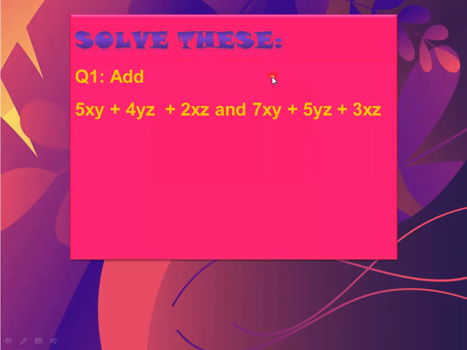You will simply add this 5xy with this 7xy, this 4yz with this 5yz, and this 2xz with this 3xz. Just simply add them together. Please write down the answer. I'm waiting for your reply, everyone.